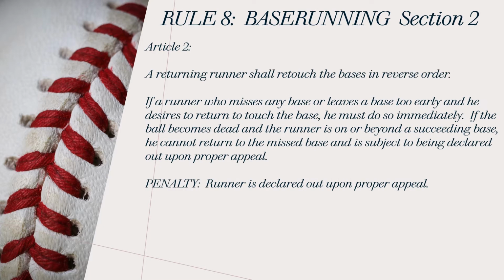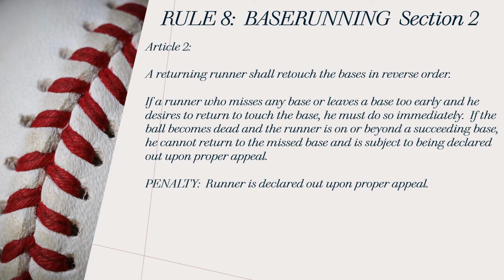Article 2 states, a returning runner shall retouch the bases in reverse order. As umpires, it's our job to monitor and make sure we watch them touch bases advancing and touch bases returning. If a runner who misses any base or leaves a base too early desires to return to touch the base, he must do so immediately.